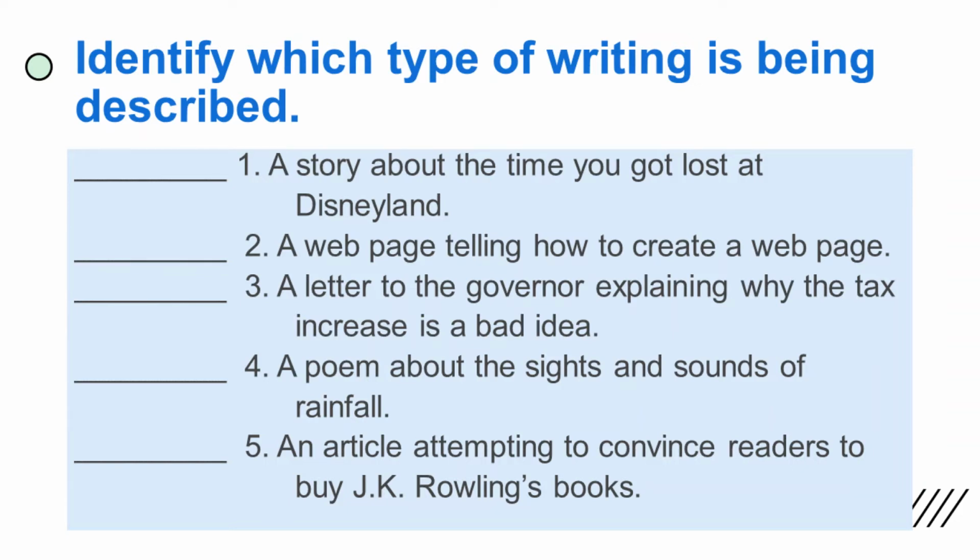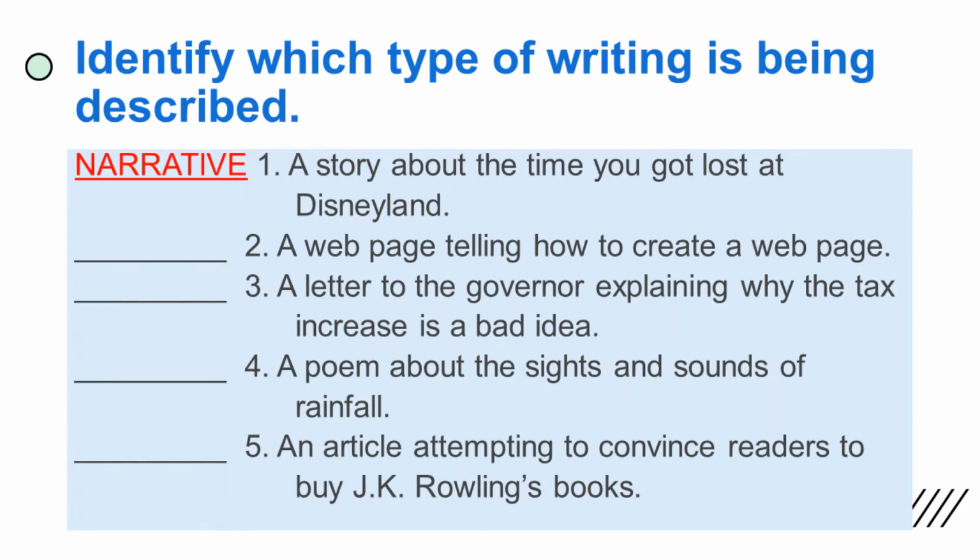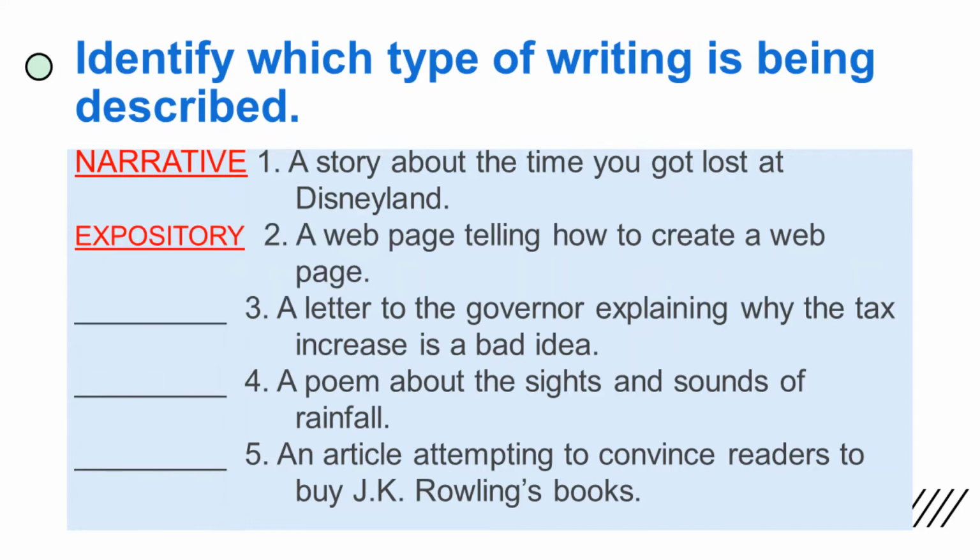Let us try to check if your answers are correct. Number 1. The story about the time you got lost at Disneyland. The answer is narrative. Number 2. A web page telling how to create a web page. The answer is expository. Number 3.